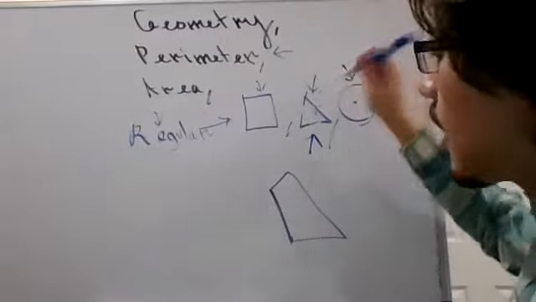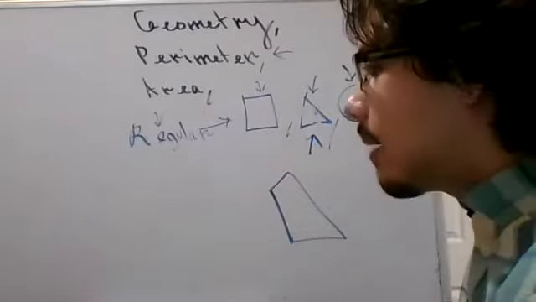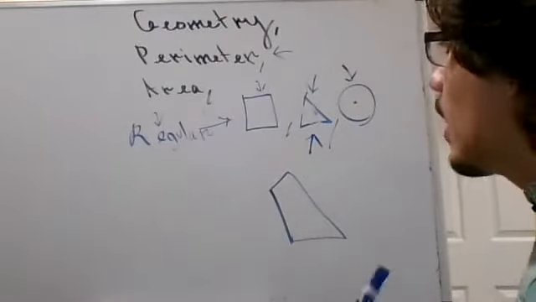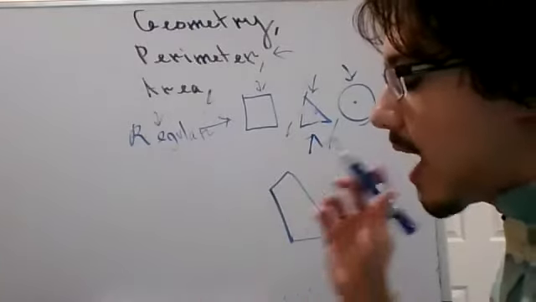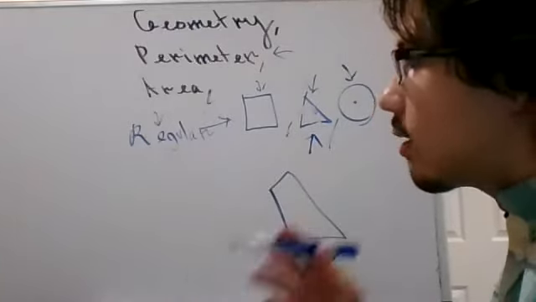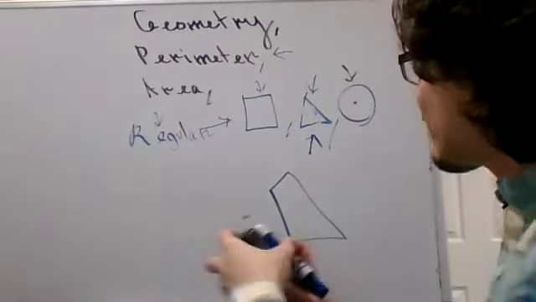So triangles are the most important shape you'll need to learn. That's why there's an entire math class that you will have to go through called trigonometry, where trig means triangle and metry means measurement. So the entire class is based off of the measurement of triangles.